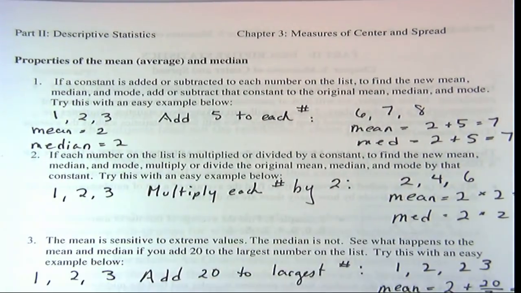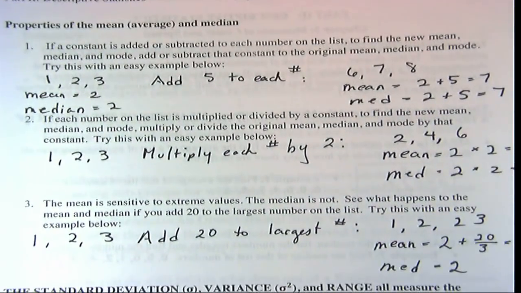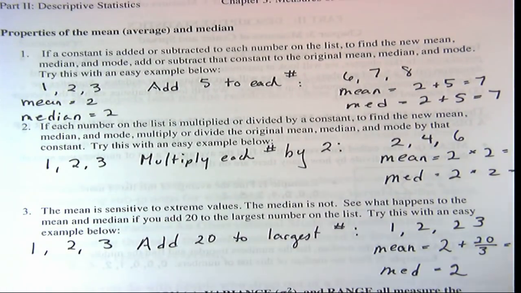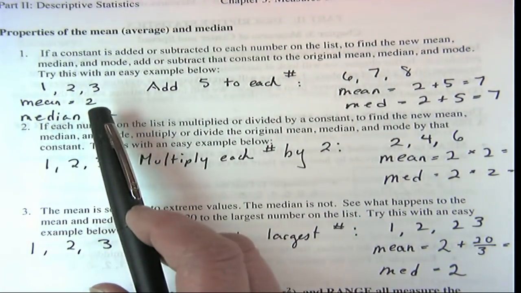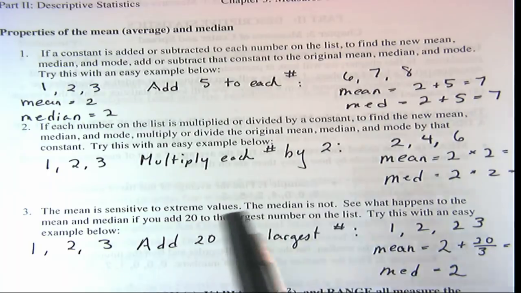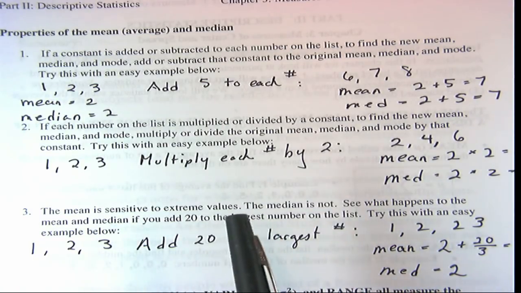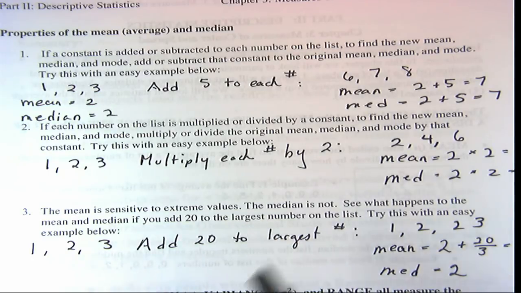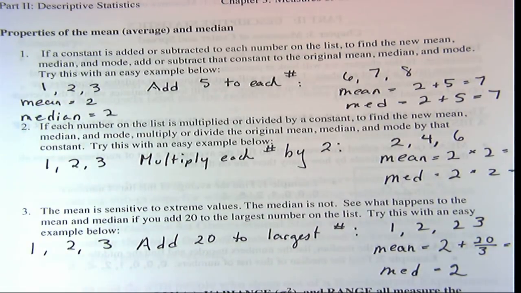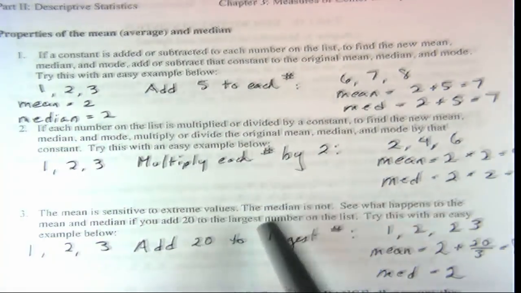Okay, and we gave a really simple example here and looked at the mean and the median. The mode is not used very much, so we're not going to really talk about it much. It's just the single most repeated number on the list.